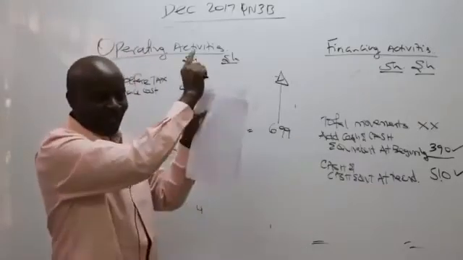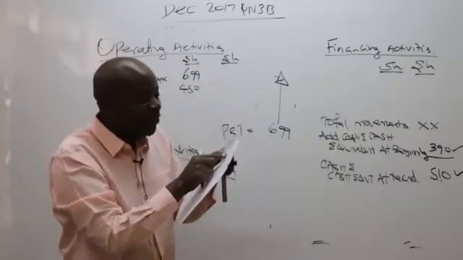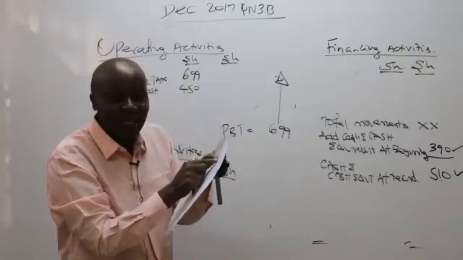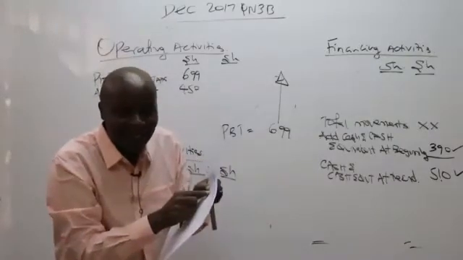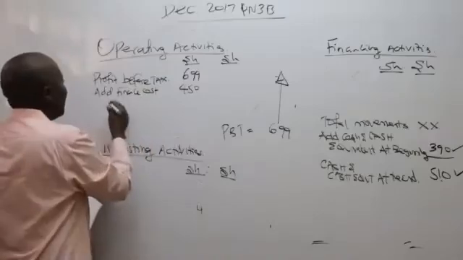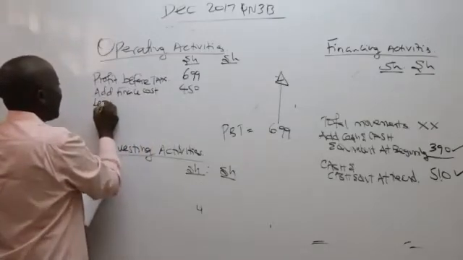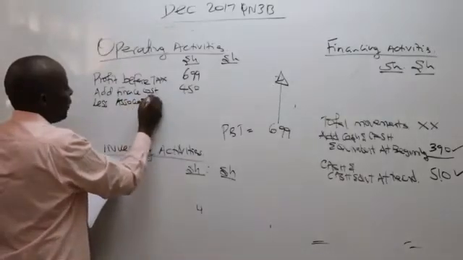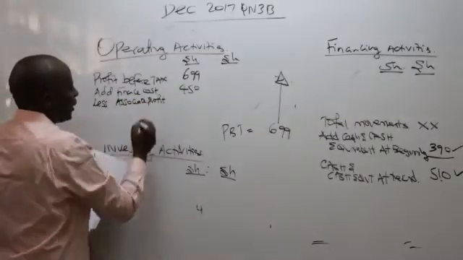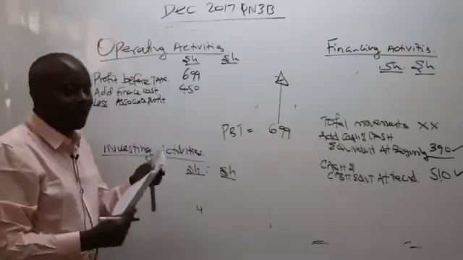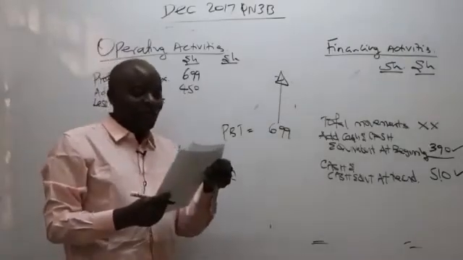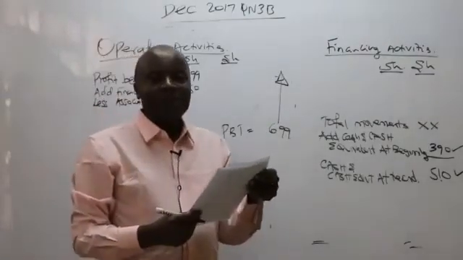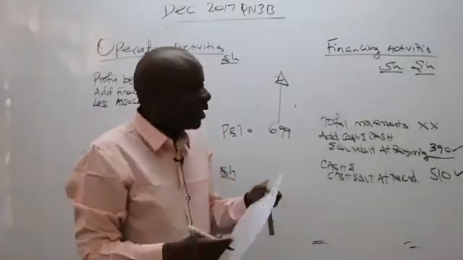So in this case here less the associate's profit. Associate profit ni ya pesa ngapi? Associate profit ni ya 144.